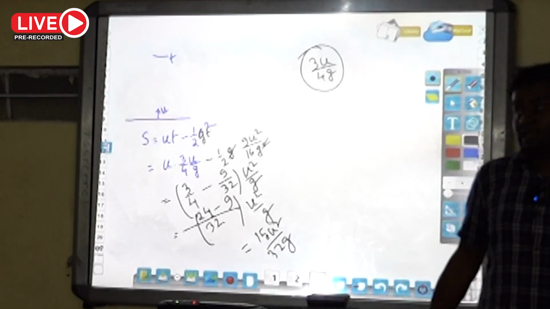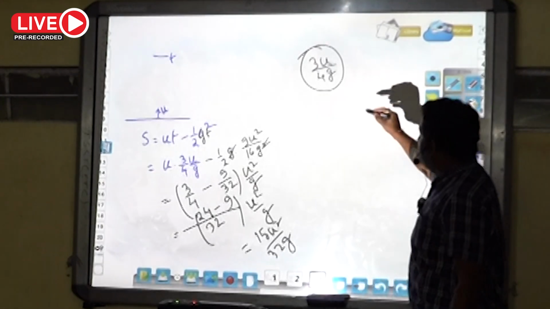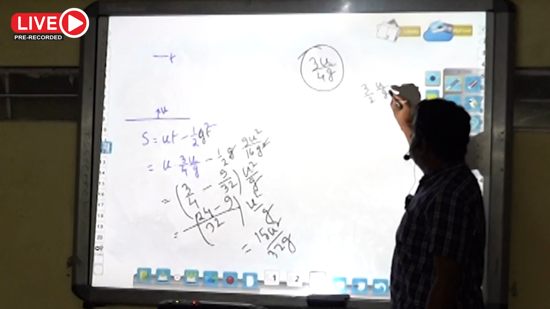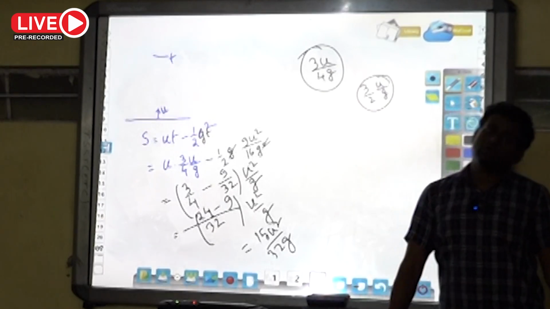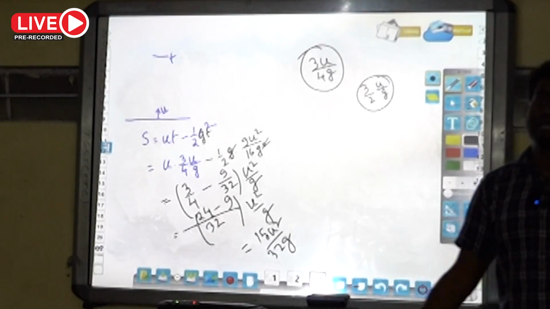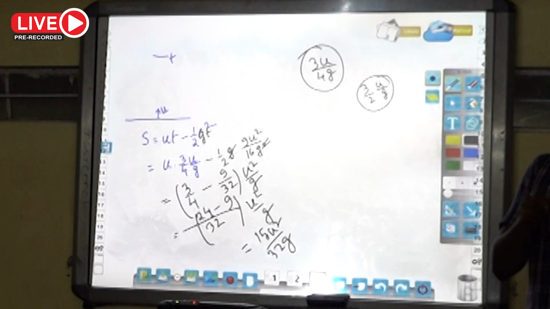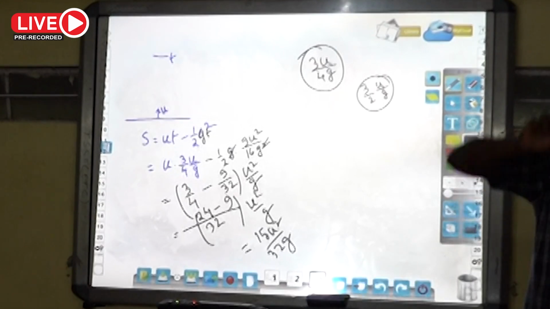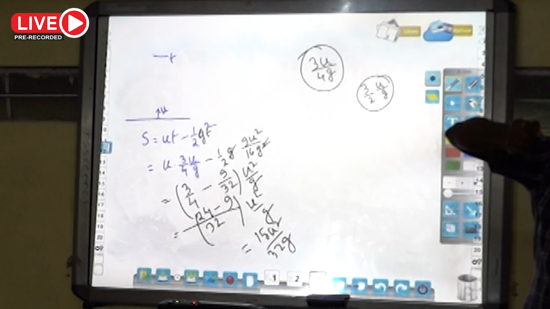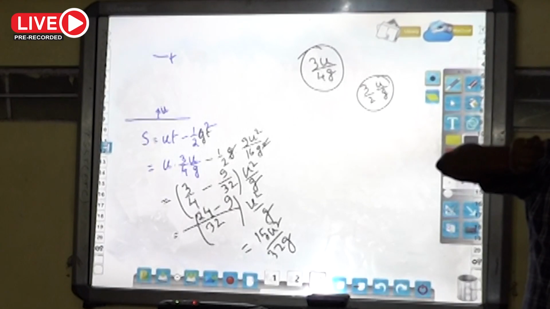Now if the time given for this problem is 3 by 2 u by g, then in this method you cannot solve the problem, because 3 by 2 u by g means 3 by 2 times of the u by g, means it is going to the top and then in the remaining time it is coming down.